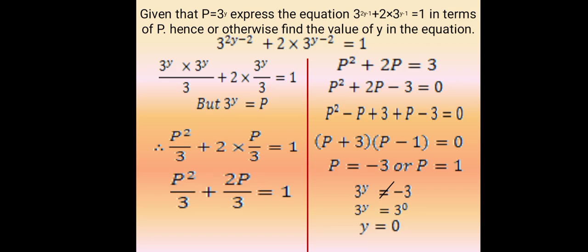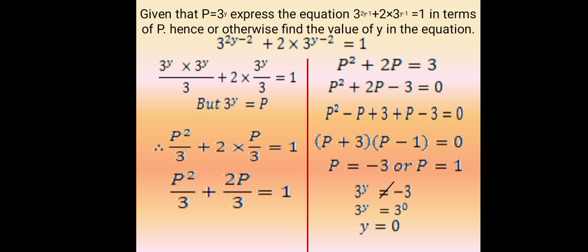Now, 3 raised to the power of 2y minus 2 is the same as multiplying 3^y by 3^y divided by 3, plus 2 times 3 raised to the power of y minus 2, which is the same as 3^y divided by 3.